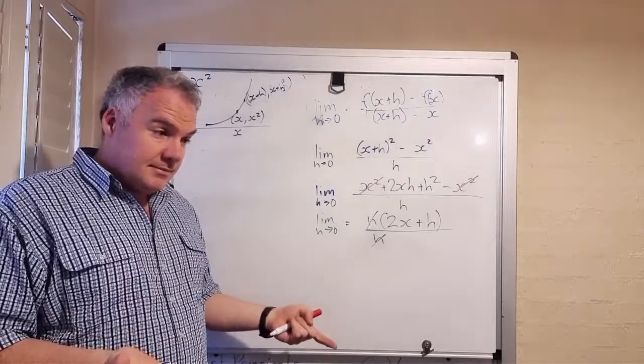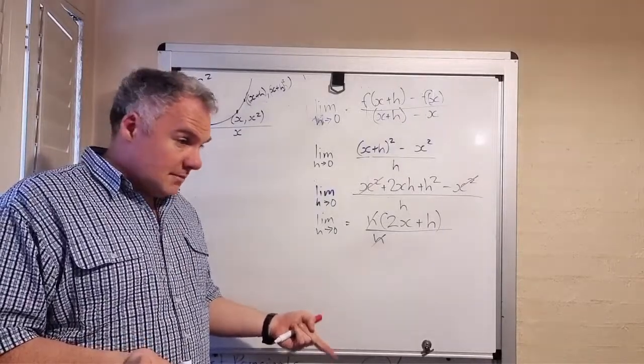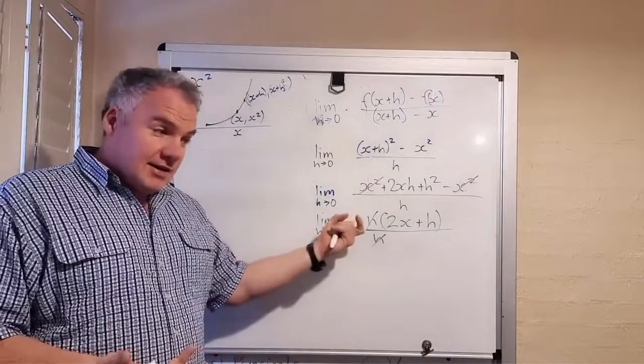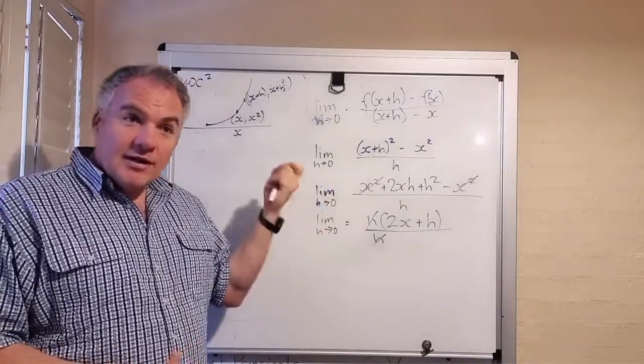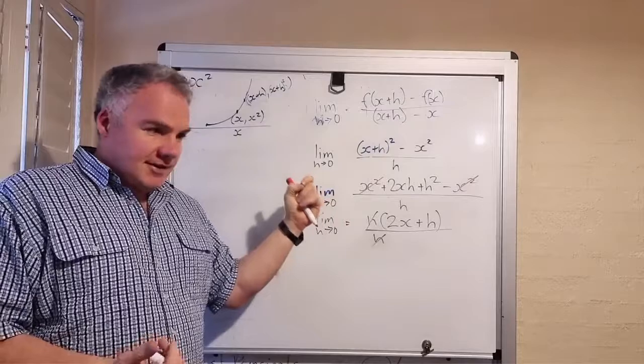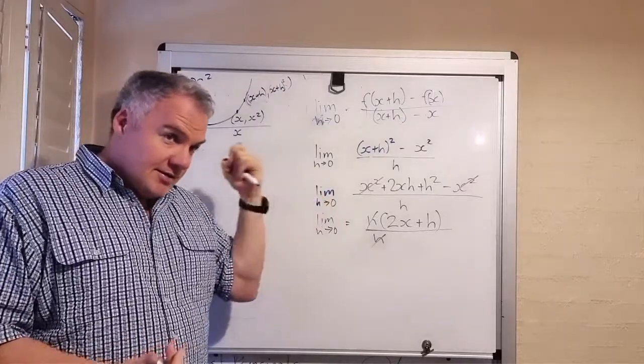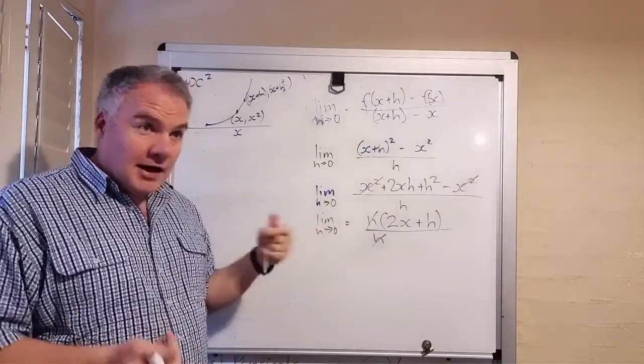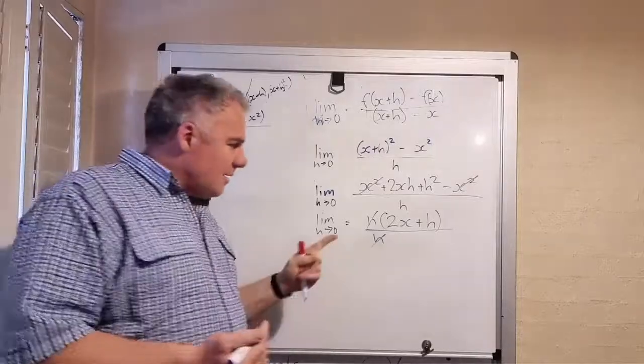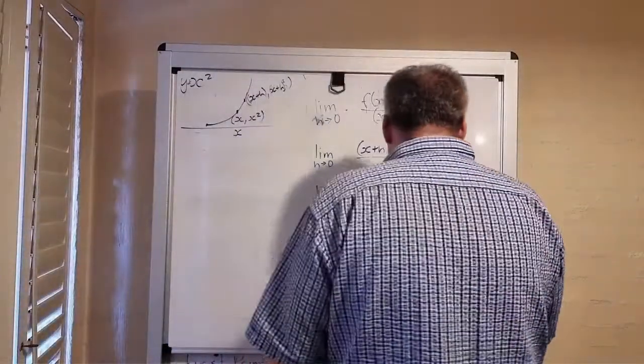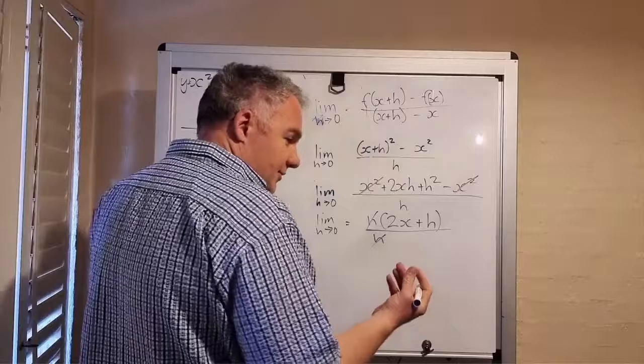Happy with that? Okay? Even as they get ridiculously small and tiny to 0, they're both getting ridiculously small and tiny to 0. So they both cancel out to 1, and I can do that. Okay? This 2x plus h is what I'm left with.